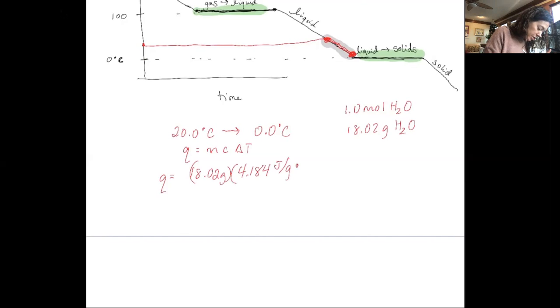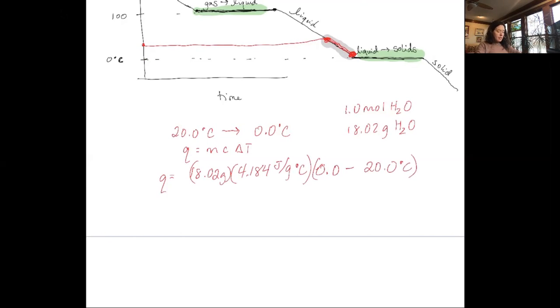I'm just going to use degrees Celsius because that's what I have here. It's easier on the brain. Final minus initial. So that's 0.0 minus 20.0. Units cancel.